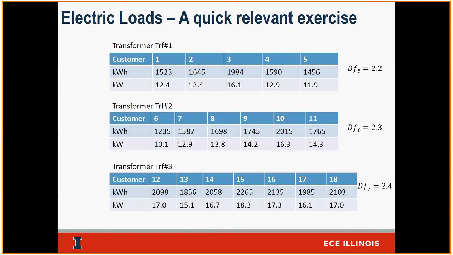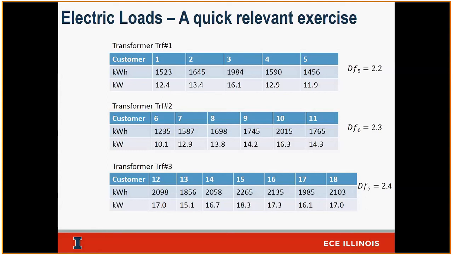I figured I'd give you an example. These are real numbers that we've got off some meters, so we can look at a quick exercise and I'm not just talking terminology. So these are 3 transformers. Each transformer has a certain number of customers on it. The first transformer has 5 customers, the second transformer has 6 customers, and the third transformer has 7 customers on it.